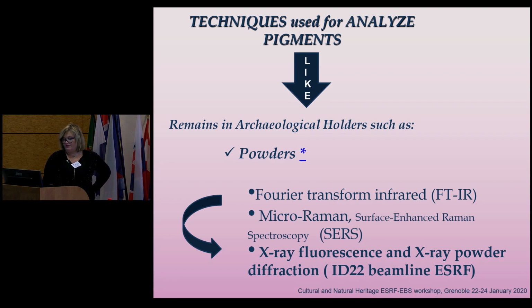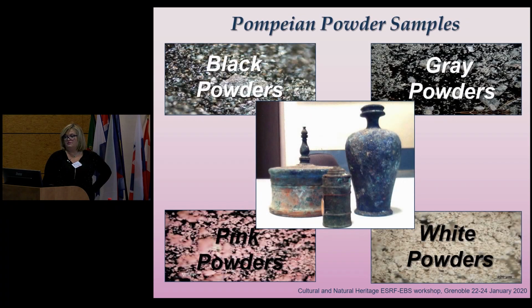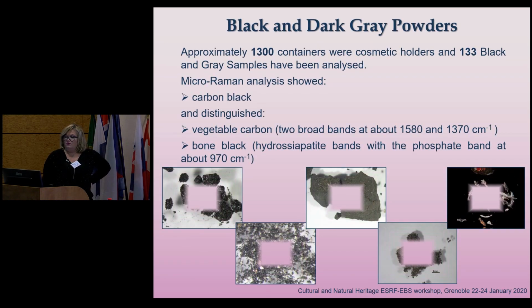Then I came here to beamline ID22 with the samples, but not all of them, because there are really lots. There were black powders, gray powders, pink powders, and white powders. I brought here just the black powders.